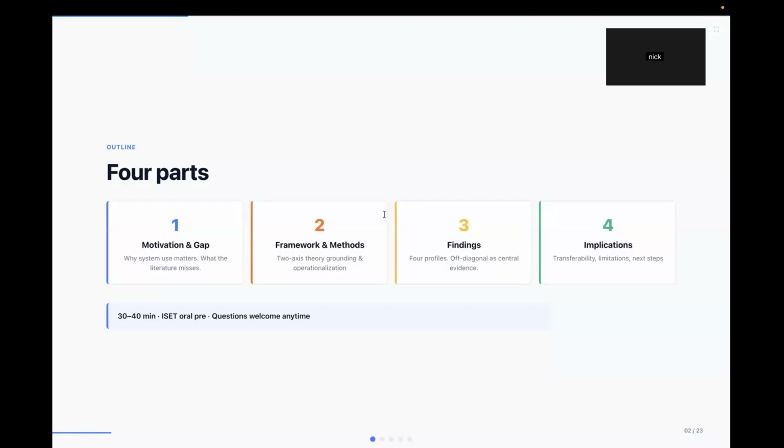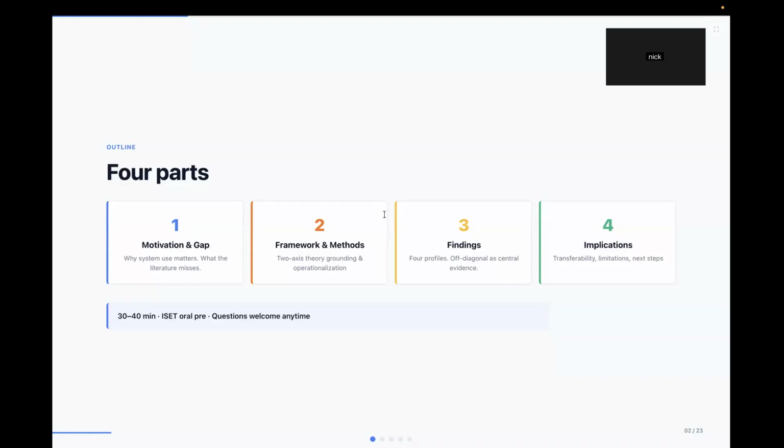Today's sharing will include 4 parts. The first part will be motivation and gaps. We'll discuss the current situation of the field, our motivation and our contribution. Second, we'll discuss the framework and methods.